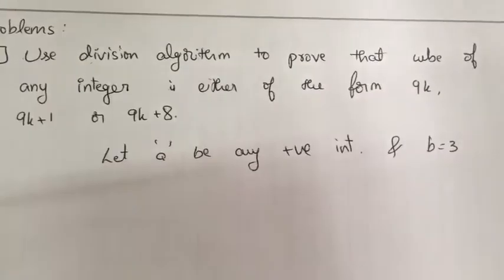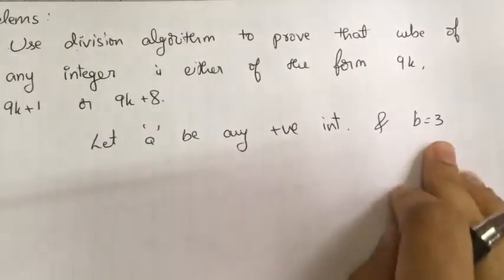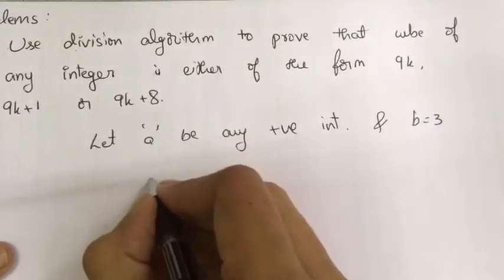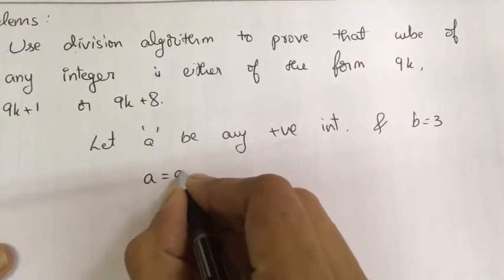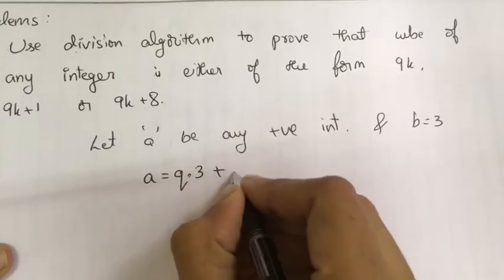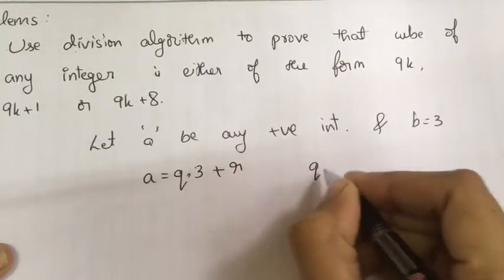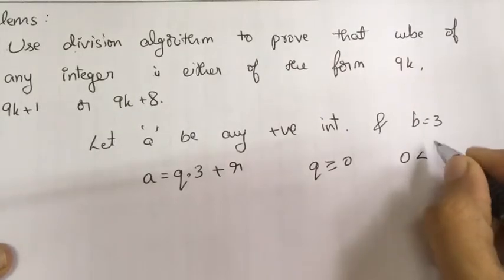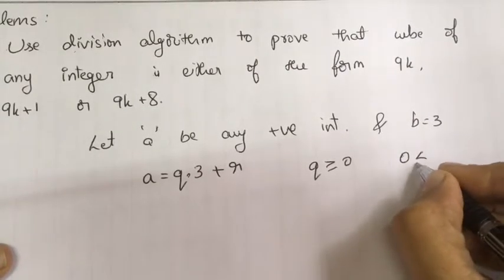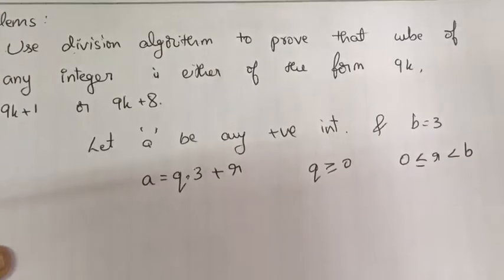So if a is any positive integer and b is 3, then a equals qb plus r, where q is greater than or equal to 0 and r is less than b.